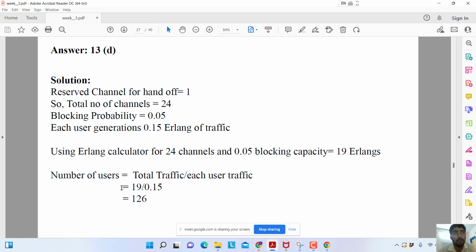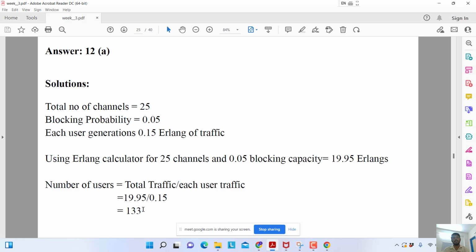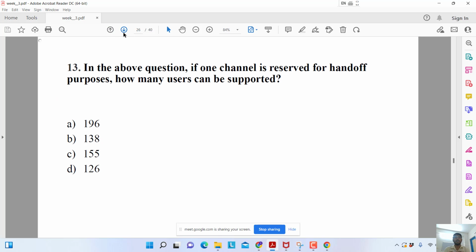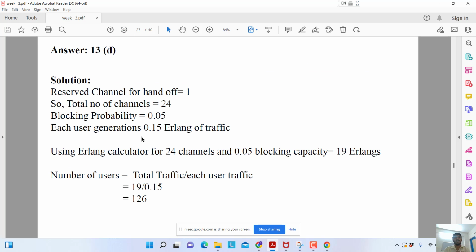Using the same formula, we calculate the total number of users. Total traffic is 19 and each user's traffic is 0.15. It will become 126. Initially it was 133, but in this question we reserved one channel for handoff, so here we can only support 126 users. Okay.